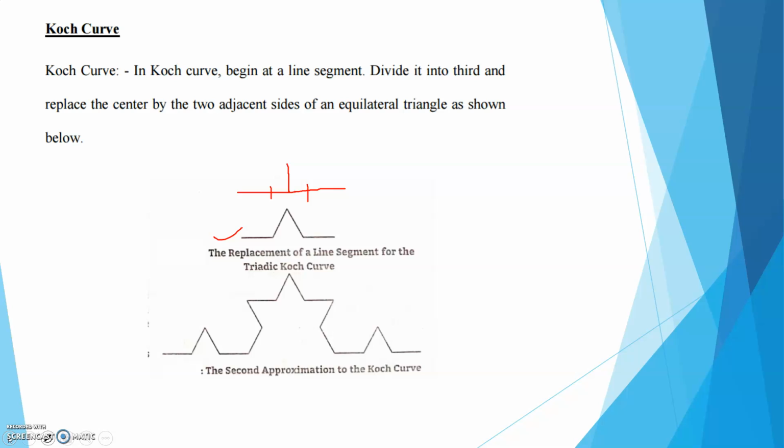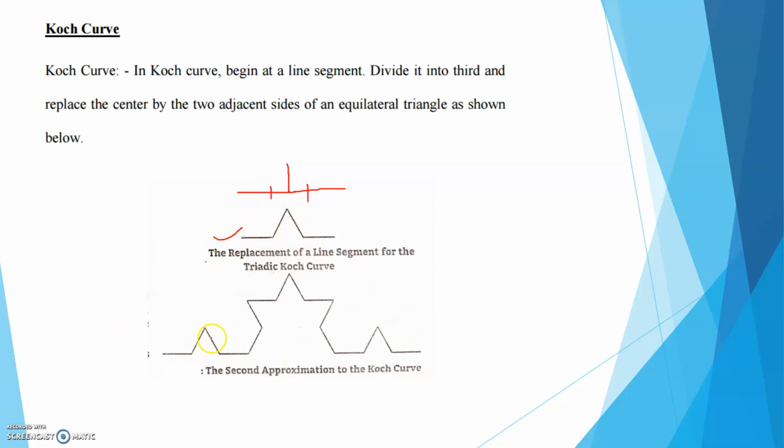Repeat the process for each of the 4 segments as shown in the figure. You can see this is your second approximation to the Koch curve. This is your first approximation.